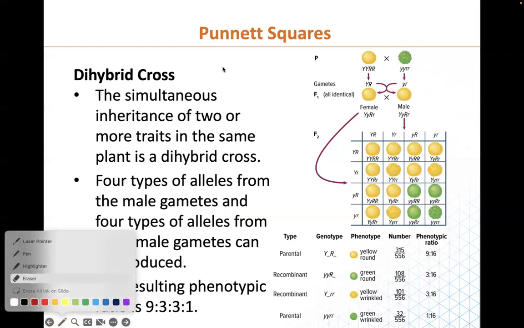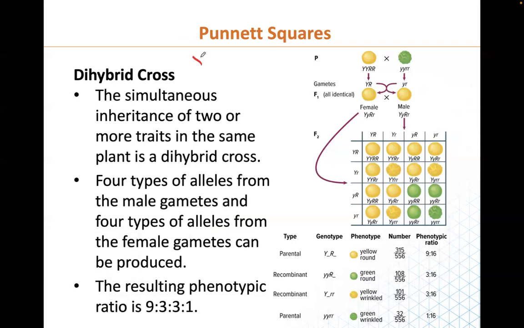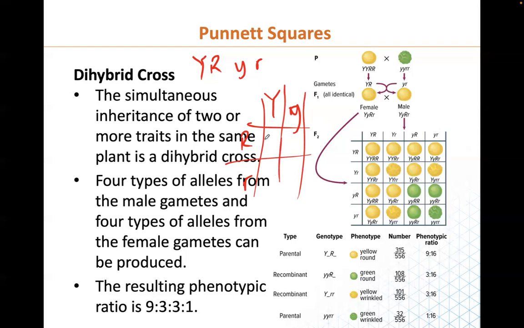We want to consider a Y and an R, and a Y and an R. So you put your Y and your R, and your Y and your R. Once you cross this, it's going to give you YR, YR, YR, YR.